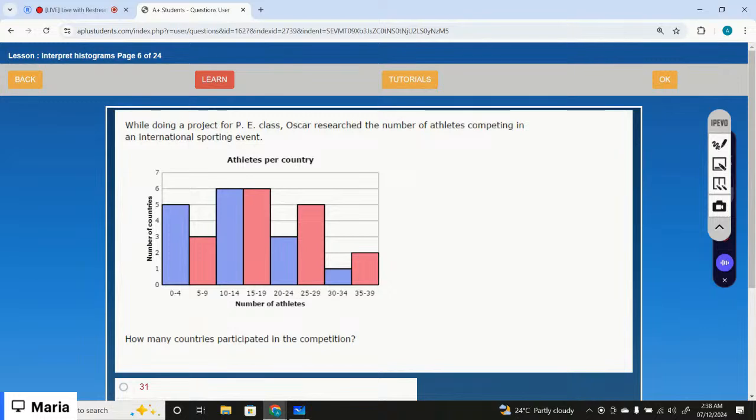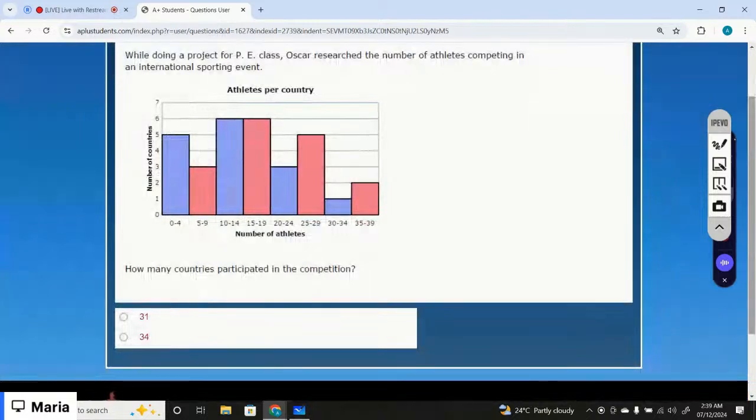While doing a project for PE class, Oscar researched the number of athletes competing in an international sporting event. How many countries participate in the competition?